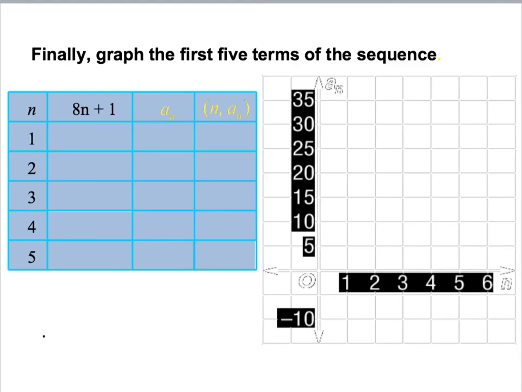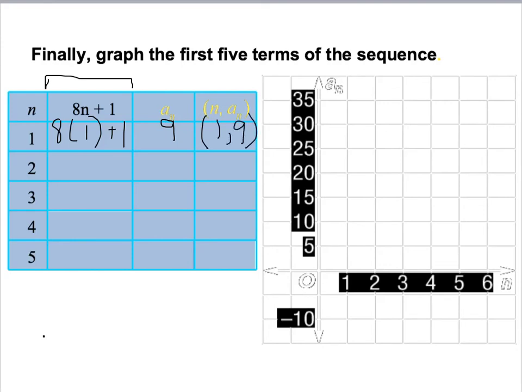Finally, we can graph the first 5 terms of the sequence. We see here a sub n equals 8n plus 1, the equation that we just came up with for the nth term. On the left-hand side we have the value of n. If I fill in the value of n for the first term, the first term is 9. I'm going to write that as a coordinate point of the term and the value.